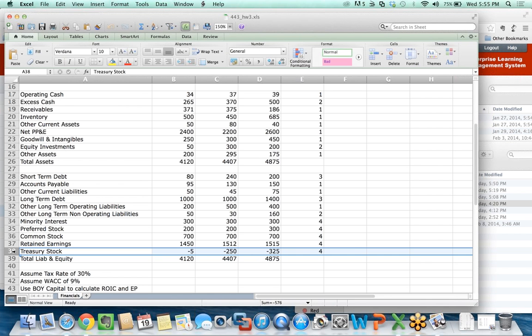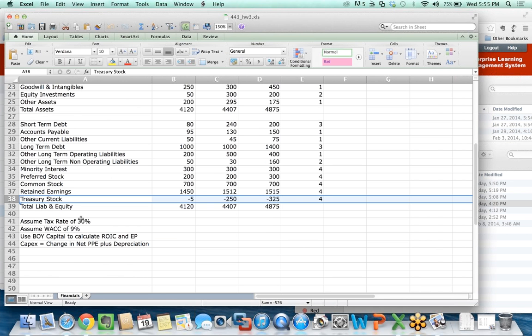So they repurchased $5, negative 5. They repurchased $245 more, negative 250 of treasury stock. They repurchased another 75, negative 325 treasury stock. These will represent share repurchase, which is going to be key to your CFI and balancing.